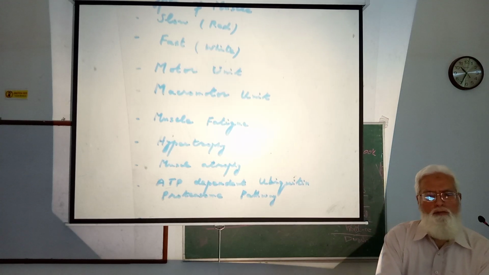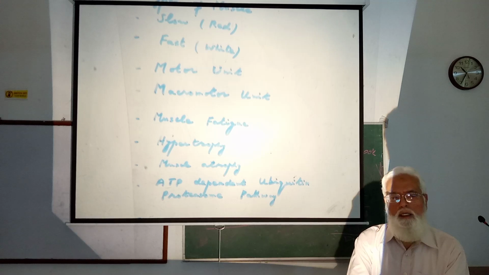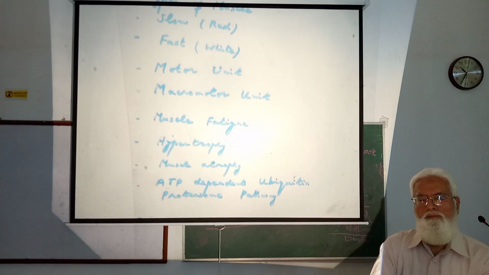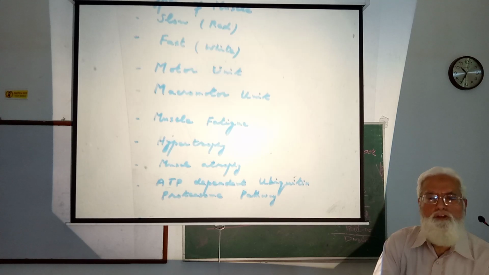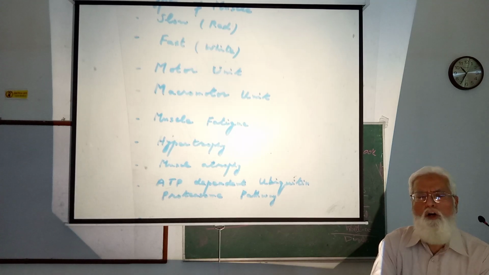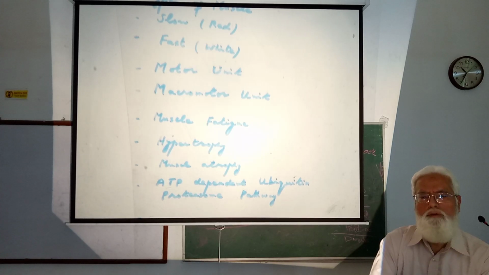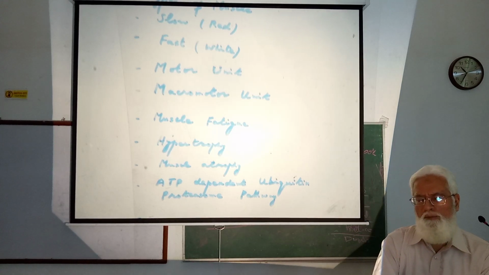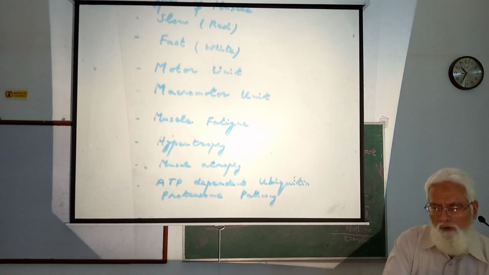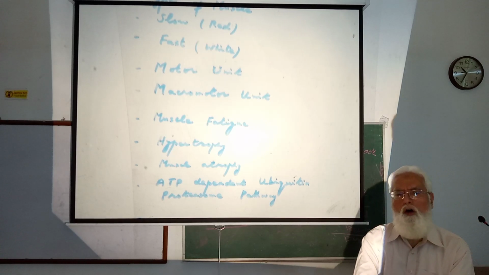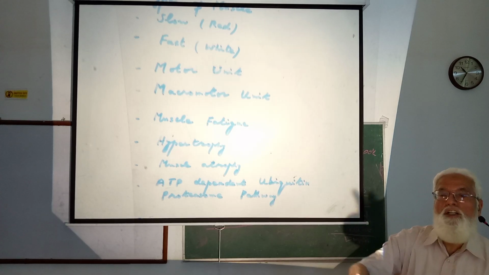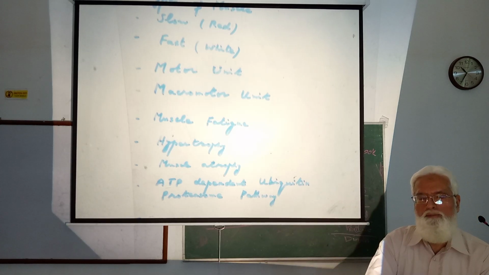Muscle atrophy occurs when there is disuse of muscle. The muscle is not used at all or used only for weak muscle contractions. It results in disuse muscle atrophy.